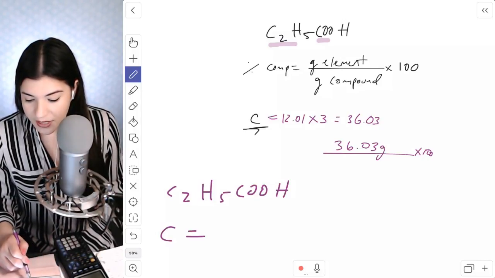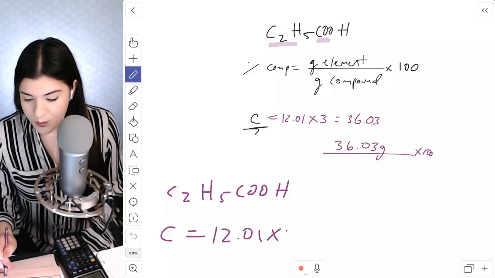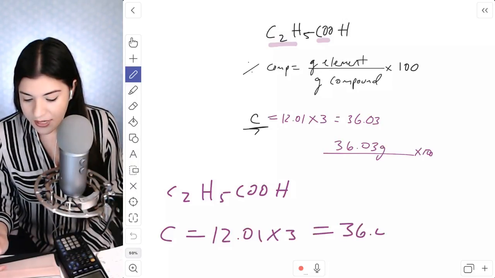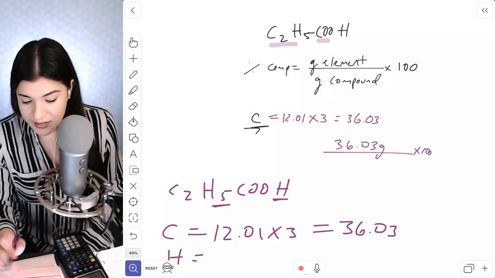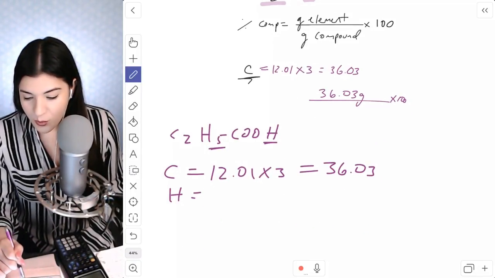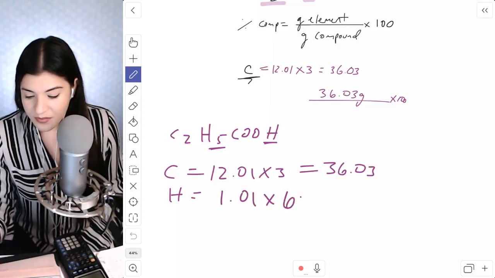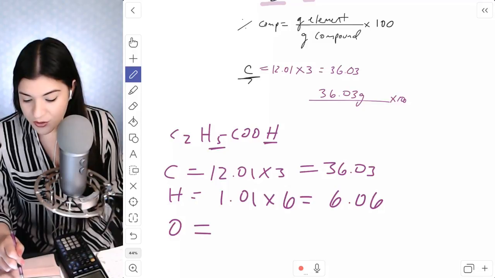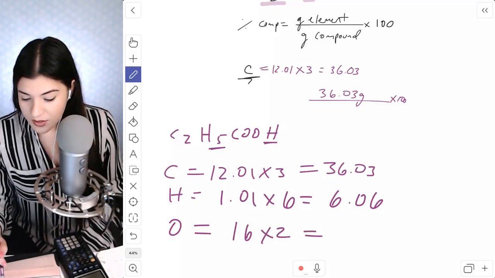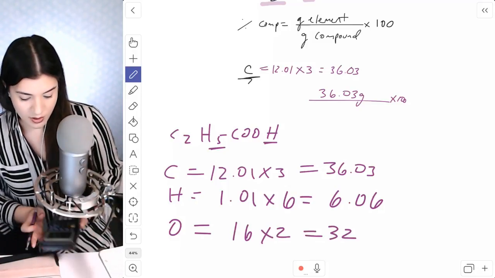I at least already have the three carbons, which was 36.03. Hydrogens, there are 5 and 6 hydrogens. So that's 1.01 times 6. And this is 6.06. And then oxygens, there's 2, so 16 times 2. So that's 32. I would add all of those up.